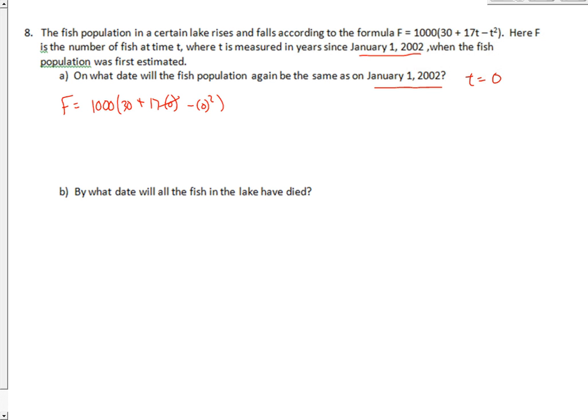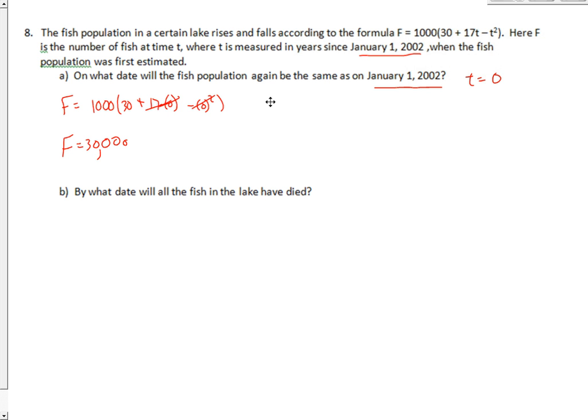When you're multiplying times 0 and 0 squared, those are both 0. So you end up with 1,000 times 30, which is 30,000. All right. So now that we know the fish population, we can plug that in for F and calculate t.